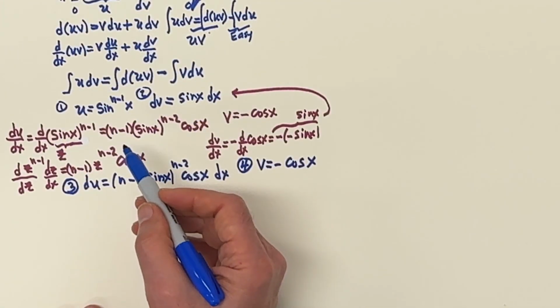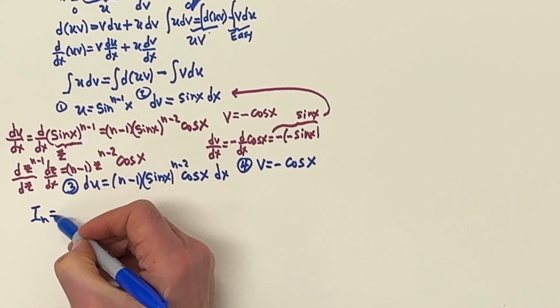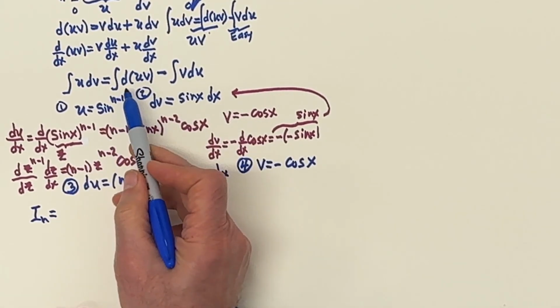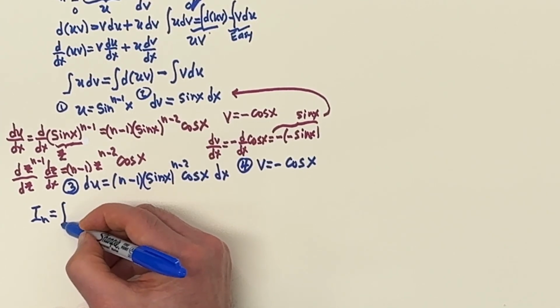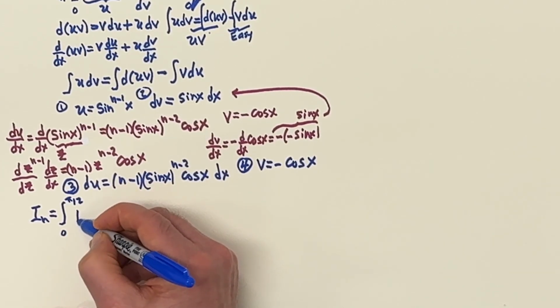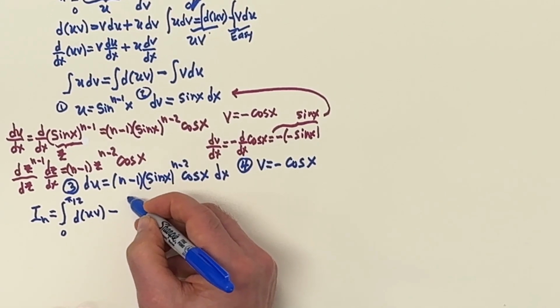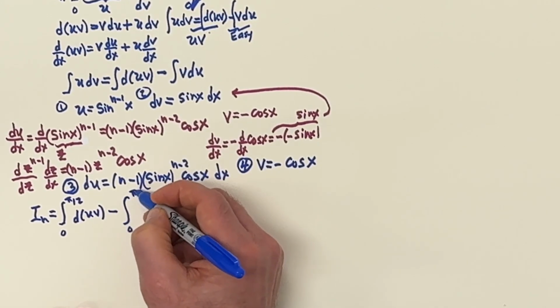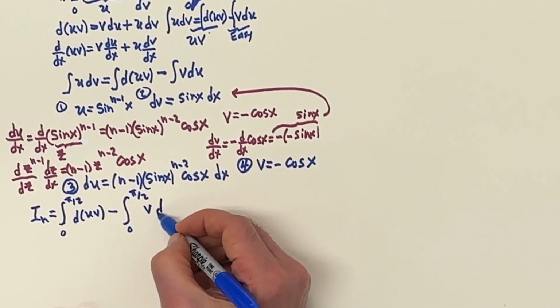So this integral here that we're looking for, I sub n, is going to be, well, let's write out all the steps again here. We're going to go from 0 to pi over 2 of d(uv) minus 0 to pi over 2 of the v du.